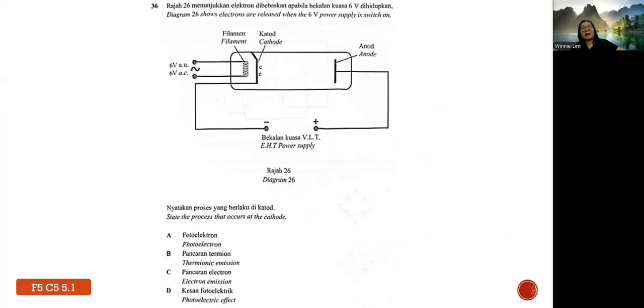Your filament is basically being heated up. When it heats up, what happens to the surface of this cathode? It will emit electrons. This process is actually called thermionic emission. So we look at options A, B, C, D. Which one is the correct answer? B, thermionic emission.